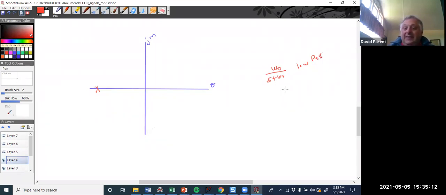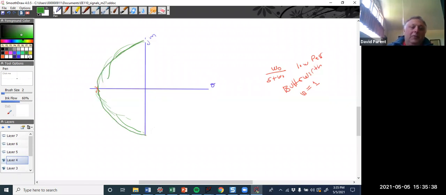In fact, this is a Butterworth filter with n equal to 1. I'm just trying to draw a half unit circle here, excuse me if it's not.